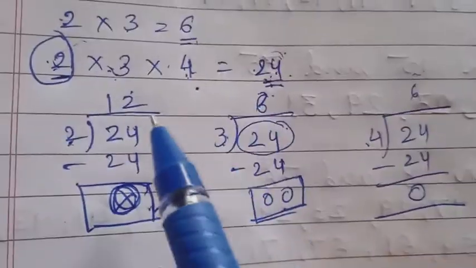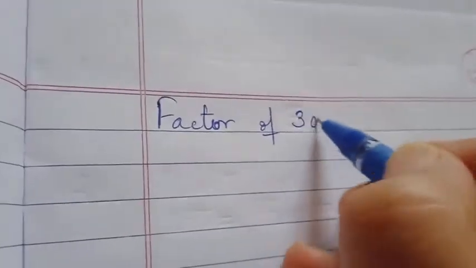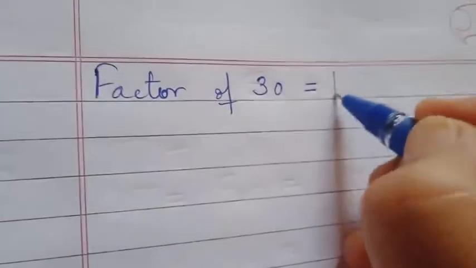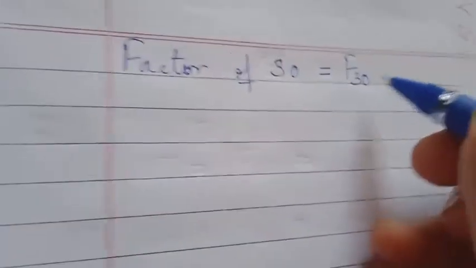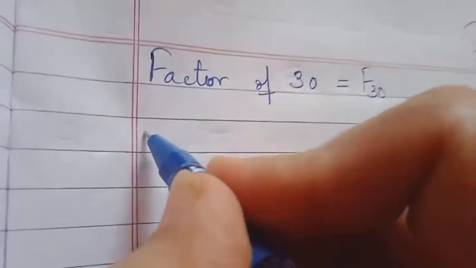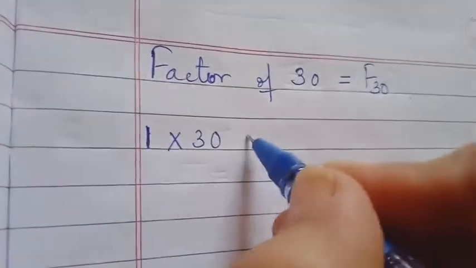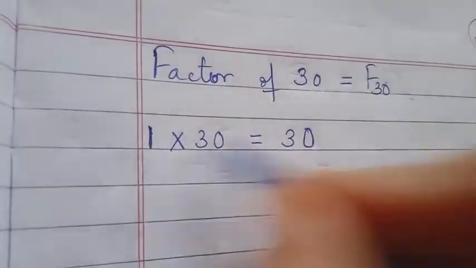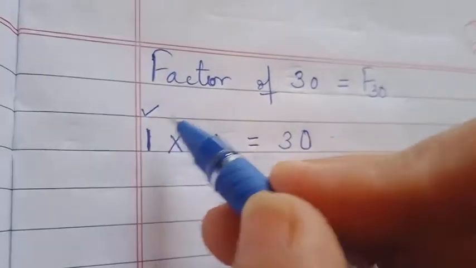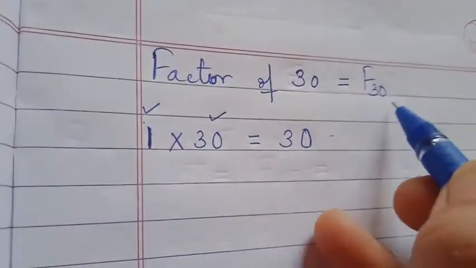One more method to find factors: I want to find the factors of 30. I will start with 1. 1's table: 1 30 is 30. So 1 and 30 are factors of 30.